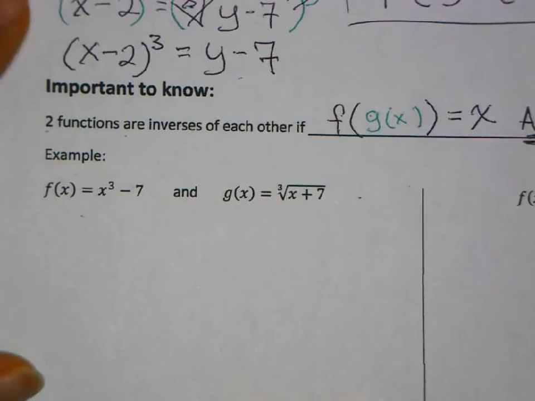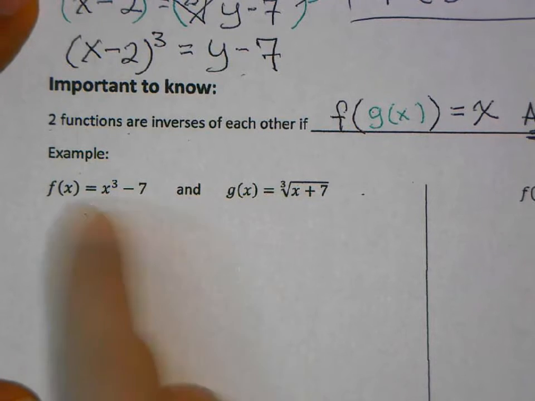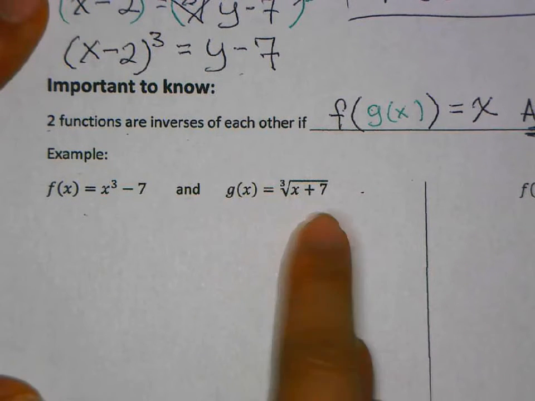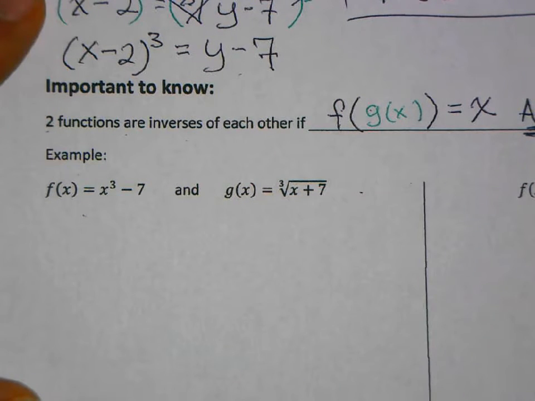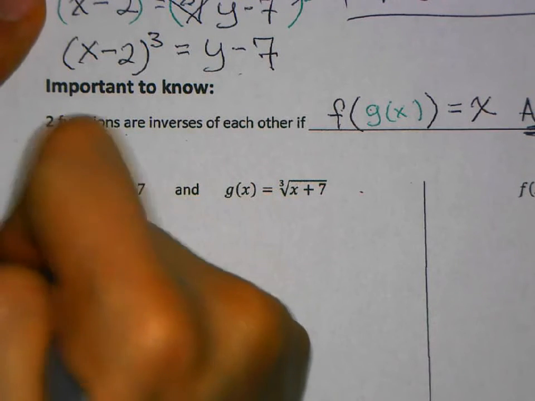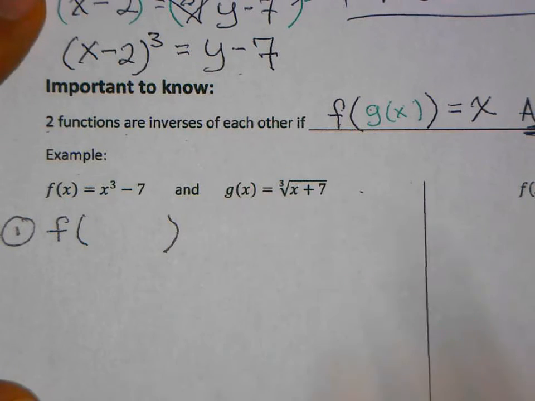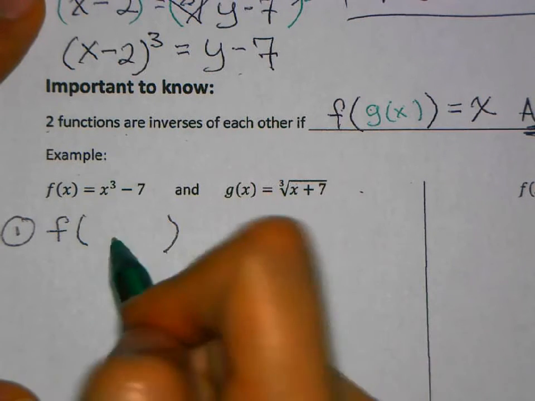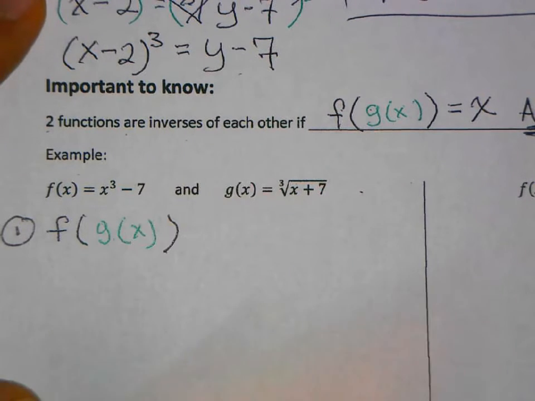So let's double check. Let's take a look at that first example that they gave you. They say f of x is x cubed minus 7, and g of x is cube root of x plus 7. Well, how do I know that these two functions are inverses of each other? I'm going to check this. The first thing I'm going to check, if I take f of x, and instead of just x, I'm going to plug in my g of x.